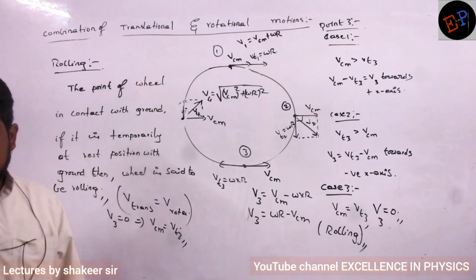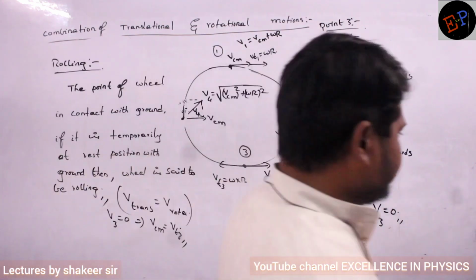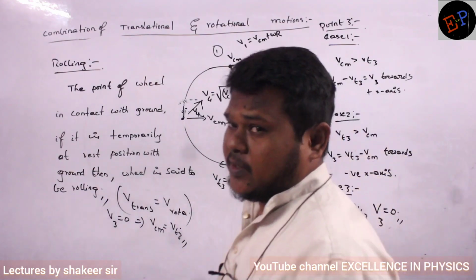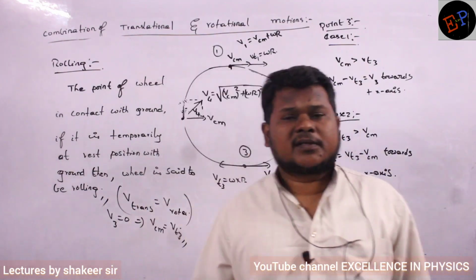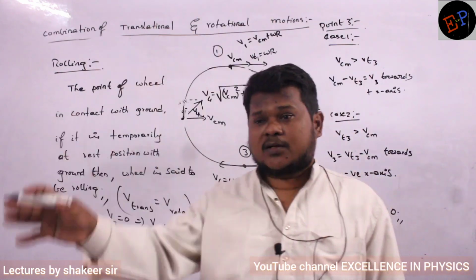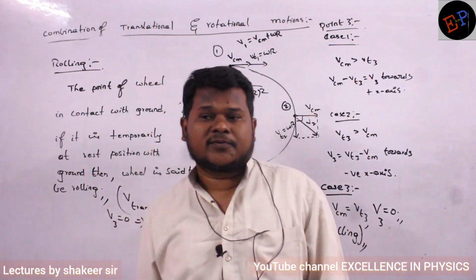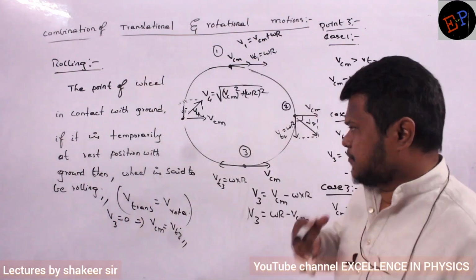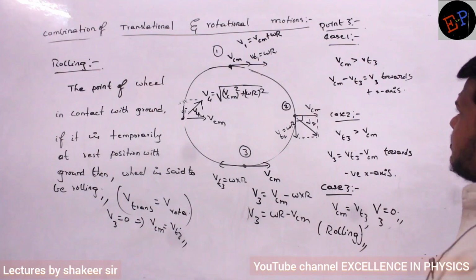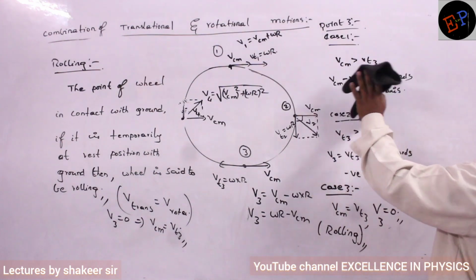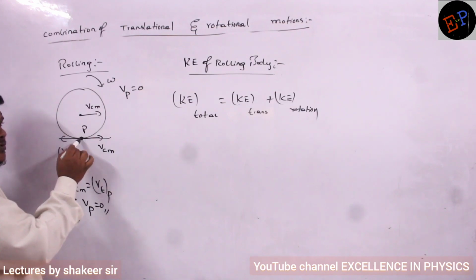Are you able to understand? That's it. Understood now what is meant by rolling? The point which is in contact with the ground should temporarily be in rest position. The wheel has motion, but that point has no motion. Is it clear? That point will be in rest position. Shall I rub this? It will be temporarily at rest position.